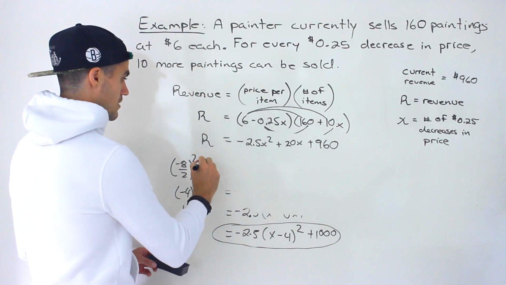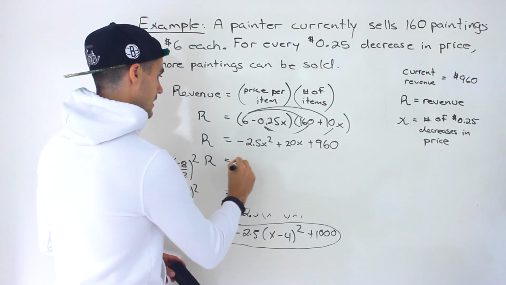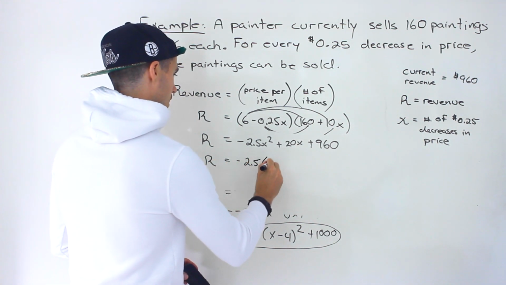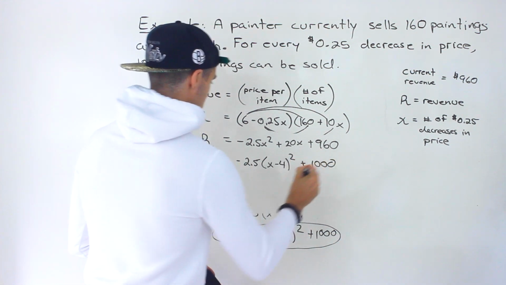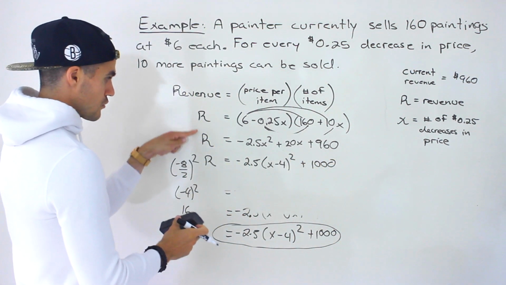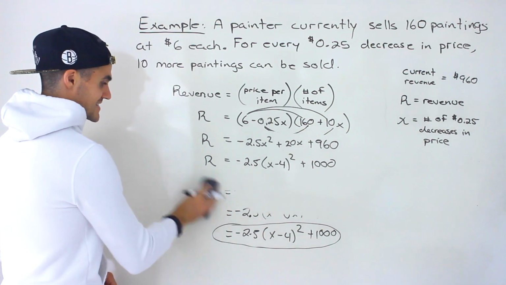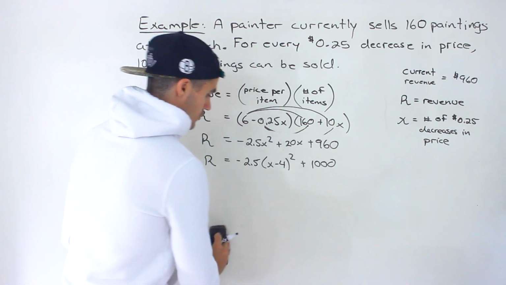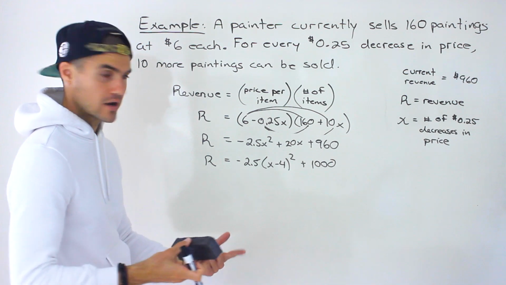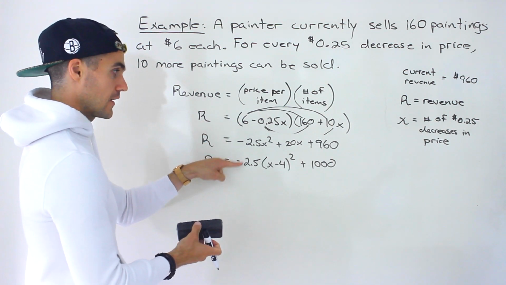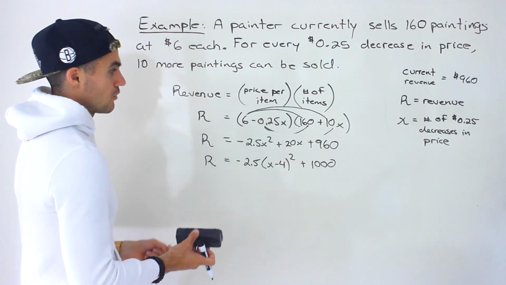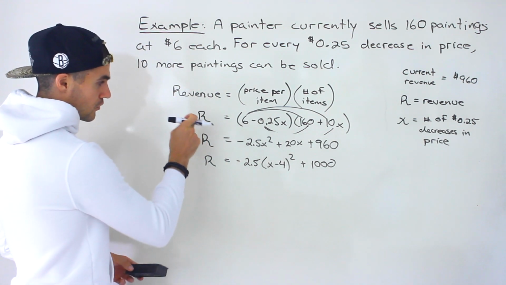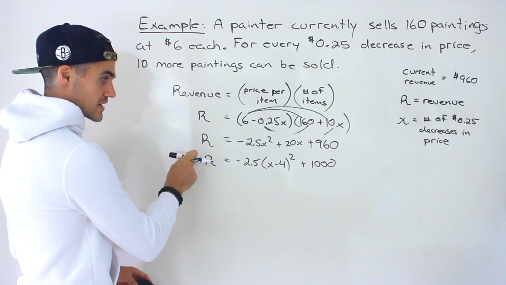We got r equals negative 2.5 times x minus 4 squared plus 1,000. So all three of these are the exact same revenue function. They're the exact same quadratic. If you took all of these and graphed them in Desmos, you would see just an overlapping quadratic. All three of them are the same: factored form, standard form, vertex form.